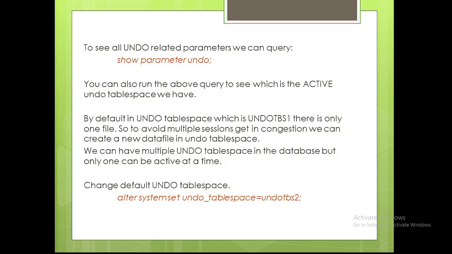If they all access only one file, that file will be overwhelmed, congestion takes place, and you will not get proper database performance. To avoid this congestion across multiple sessions, we can create a new data file in the undo tablespace.